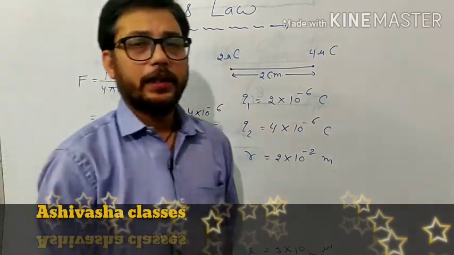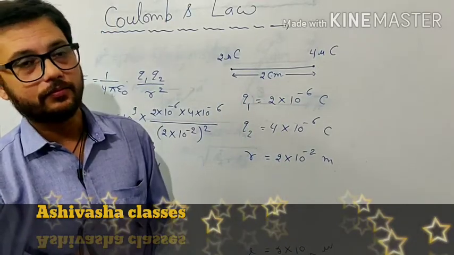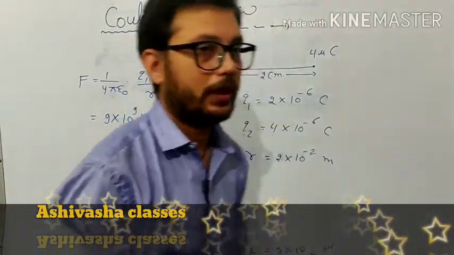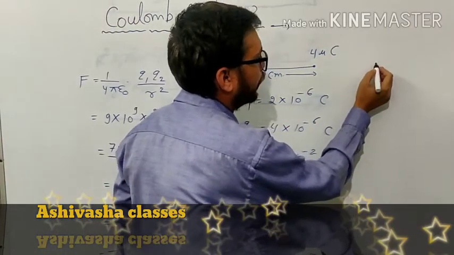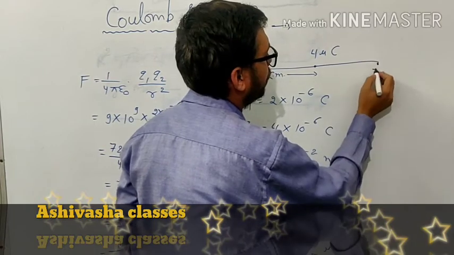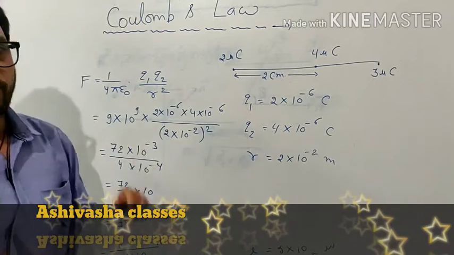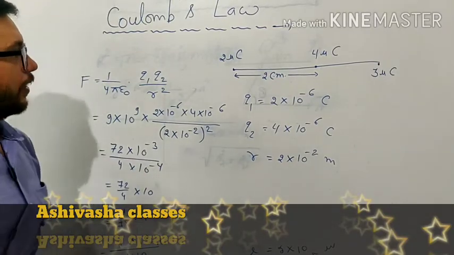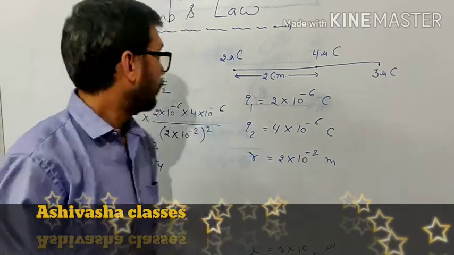Now what if we have more than two charges? If we have more than two charges, let's suppose we have one more charge here. Suppose this charge is of 3 microcoulomb. Now what will we have to do?